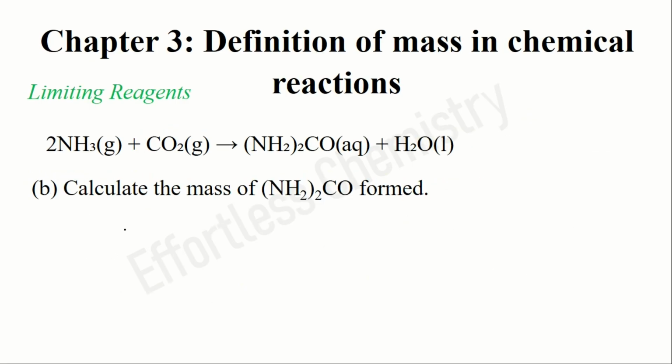Question number B. Calculate the mass of urea formed. It's easy. We need to find X gram of urea, for which we have its mole number using the limiting reagent that we found in the previous question.